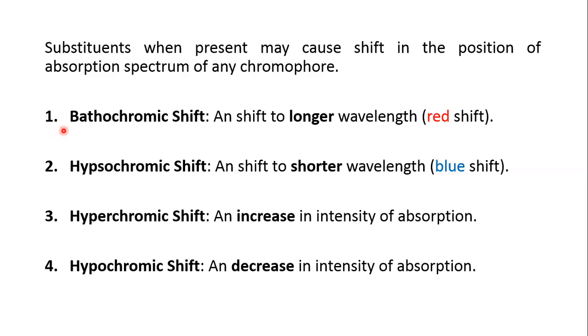First, the bathochromic shift, a shift to the longer wavelength, or the red shift. Second is the hypsochromic shift towards the shorter wavelength, or the blue shift. Hyperchromic shift, in which an increase in intensity is observed, and hypochromic shift, in which a decrease in the intensity of absorption is observed.